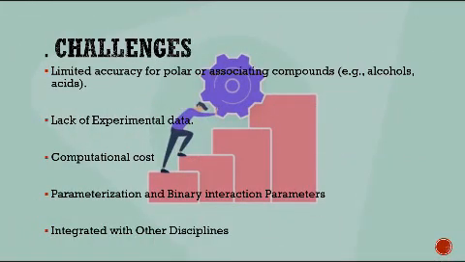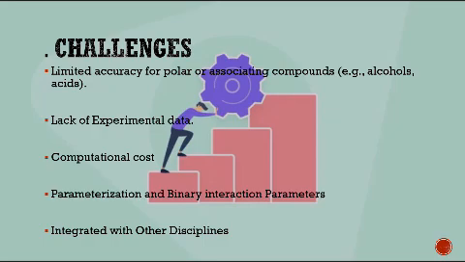Despite their usefulness, equations of state and computational tools have the following limitations. There is limited accuracy for polar or associating compounds. Compounds like alcohols, acids, and hydrogen bonding substances often deviate from the predictions made by these equations of state.